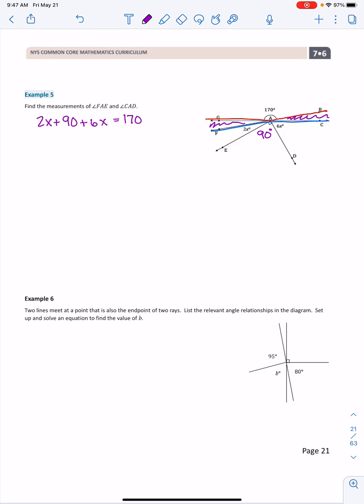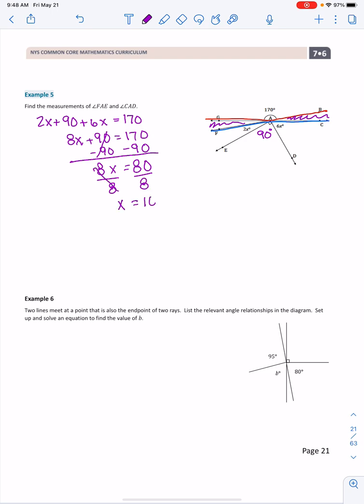They're vertical angles. So now I can add 6x and 2x, and that's 8x plus 90 equals 170. So when I subtract 90 from both sides, I have 8x equals 80. I can divide both sides by 8, and x is going to equal 10.